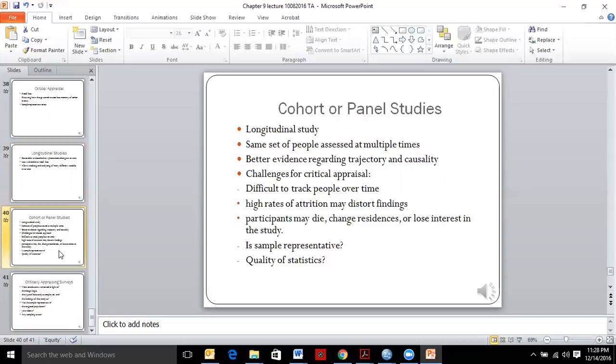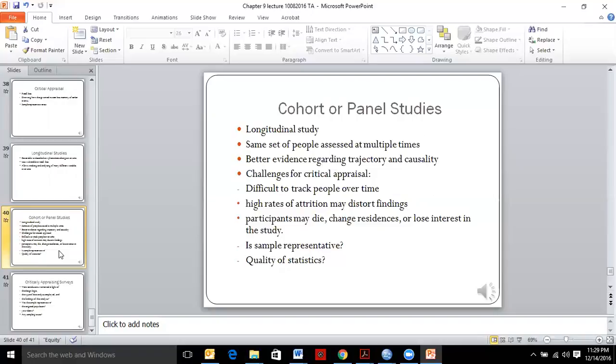Cohort or panel studies are longitudinal studies where we use the same set of people and assess them at multiple times. They provide better evidence regarding trajectory or causality.